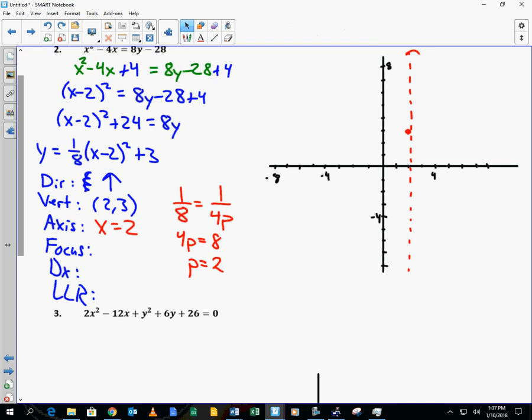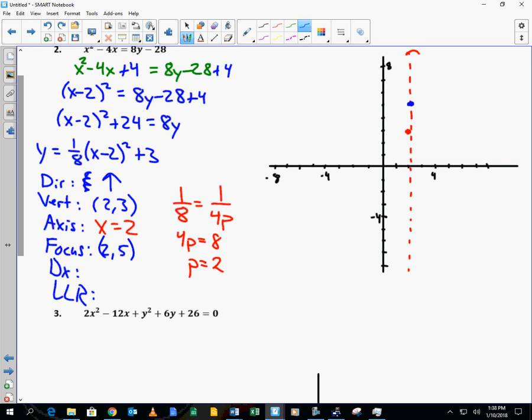Okay, so p is equal to 2. Now I have my p value. What do I do with it? Okay, add it to the k value. So I move up p units, and that is my focus point, and that is a location of 2, 5.